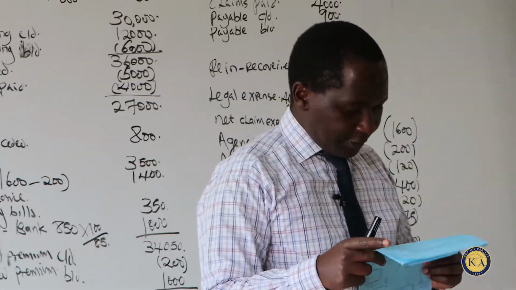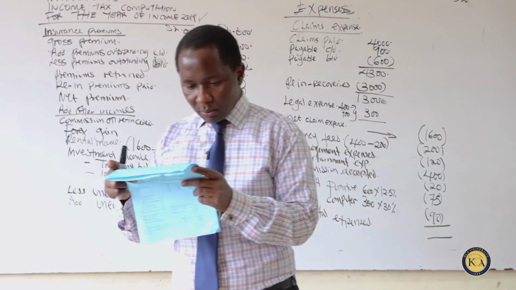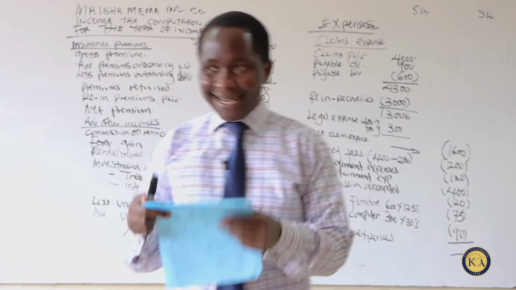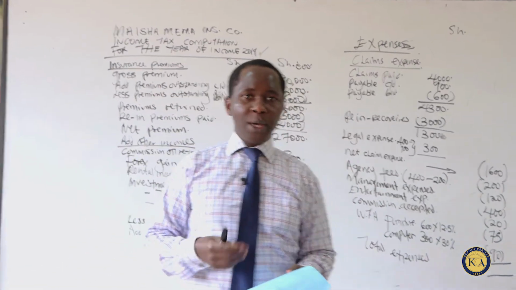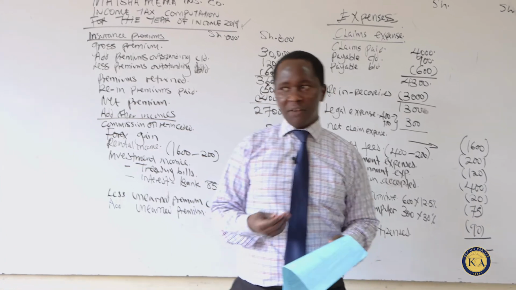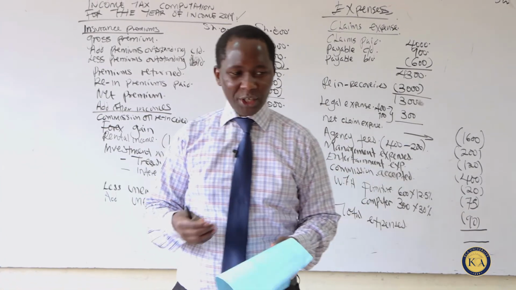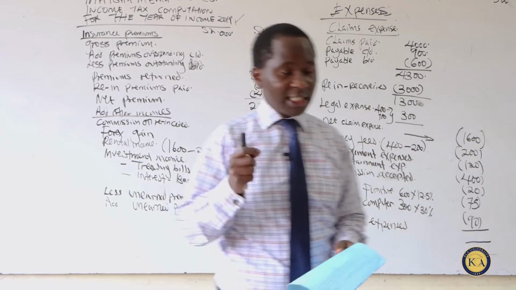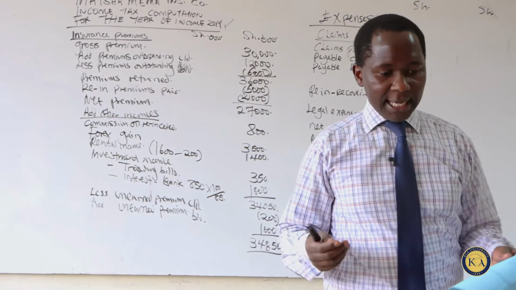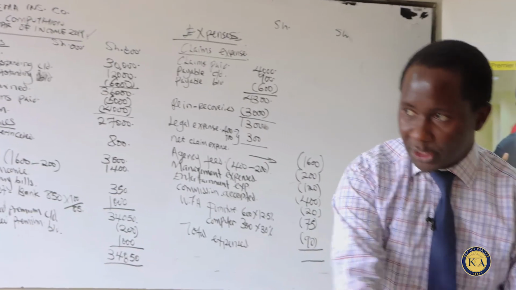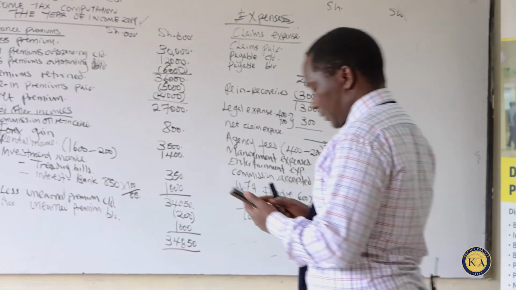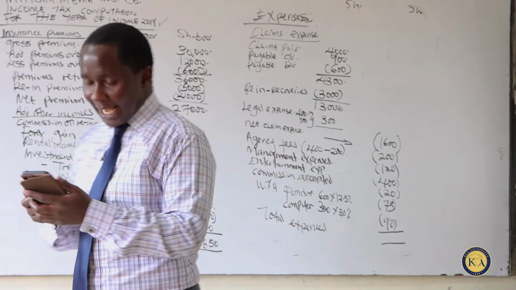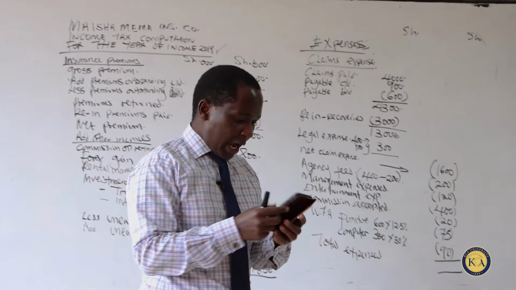Listen here, there's an expense that we did not consider, bad debt provision. Why we did not deduct this bad debt provision is because it is a provision as they put it. If it is actually a bad debt expense written off, then we would allow it as an allowable deduction. But a provision, tax laws are actually against that language of provision.